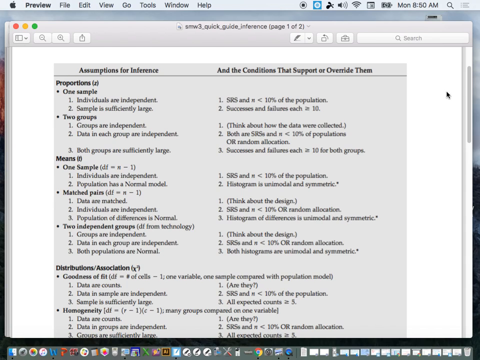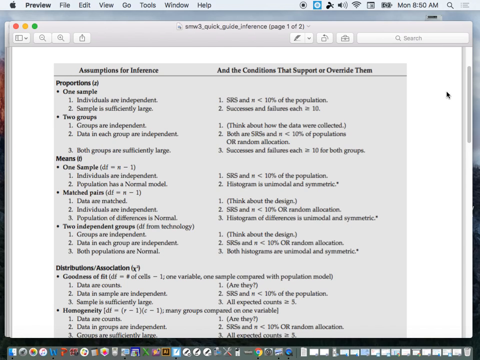If we are doing a two proportion z-test, we just have one extra thing to check, that the two groups have to be independent from each other, and then we check those other things within each group. So you check randomization and 10% for the one group, and then the second group, and then you check the success failure for each group. Or, if it's a controlled randomized experiment, the random assignment to the treatment groups takes care of the independence idea.